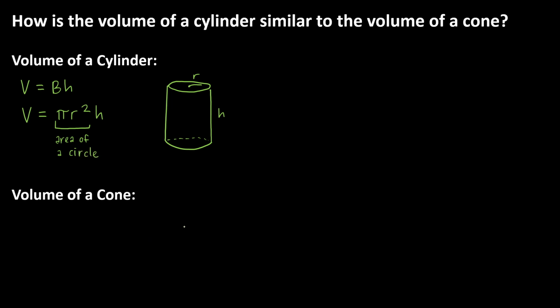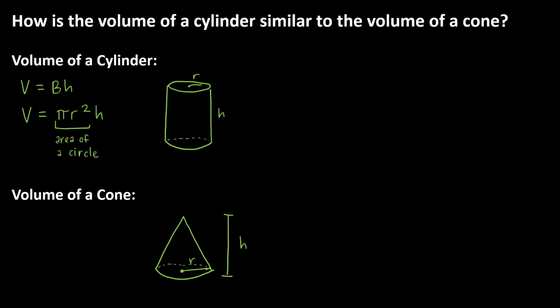So what's cool about a cone is it's not too far off. We know that cones have circular bases too. And if you look at the dimensions of the cone compared to the cylinder, the cone only has one base, whereas the cylinder has two, which is going to naturally decrease the volume.